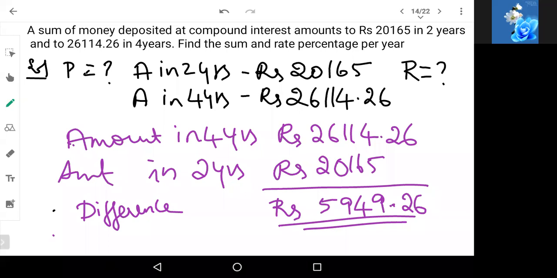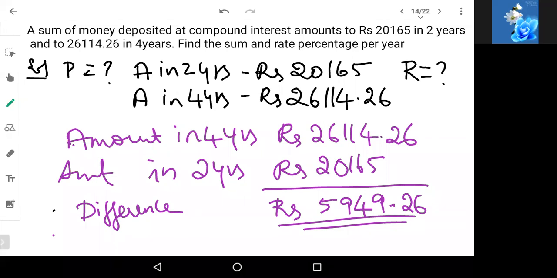Okay, so this 5,949.26 is the difference. Okay, now what can we conclude by this difference? This amount is the compound interest for 2 years.